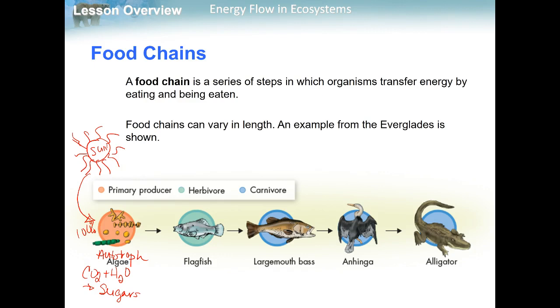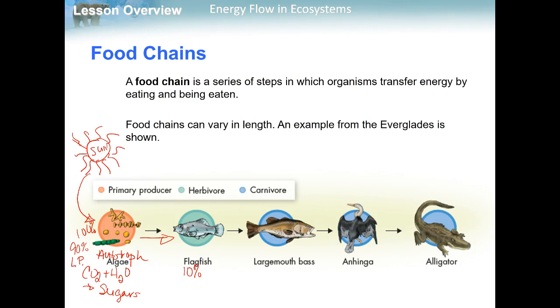So now the algae that you see here is the food source for this fish, this flagfish. So the fish is going to eat the algae. The sun had provided 100% energy to the algae. As I said, about 90% of that sun energy went towards life processes of that algae, so that the fish is only going to be getting about 10% of the energy from the sun.